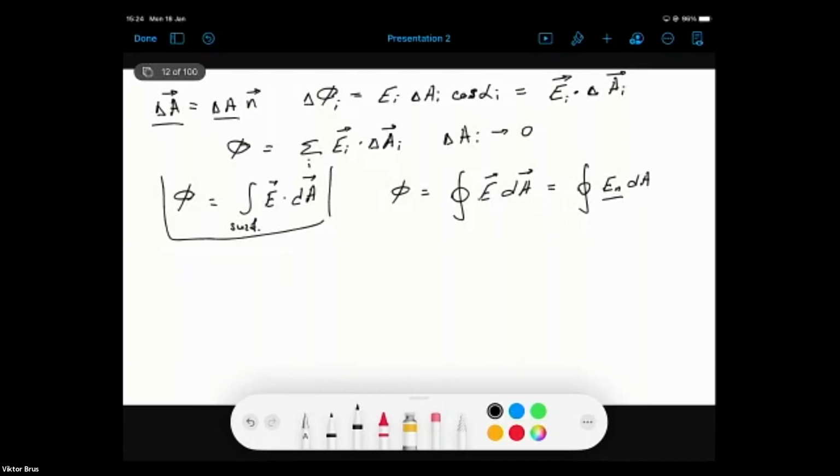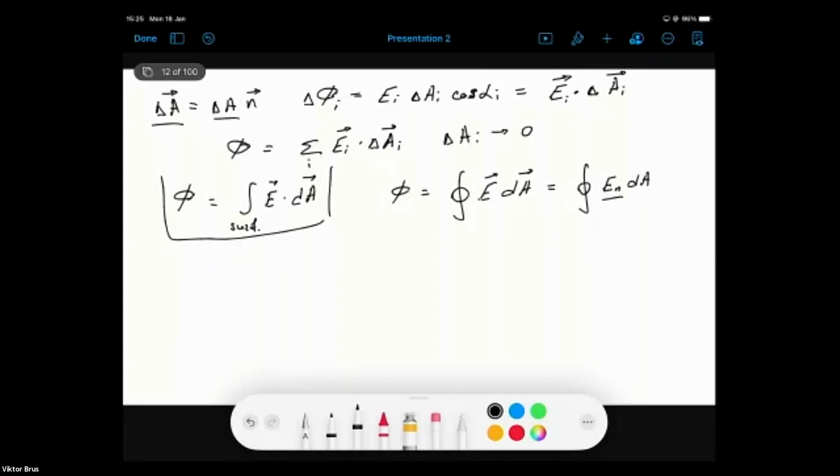That is the way these calculations should be done in the definition of electric field flux through a closed surface.